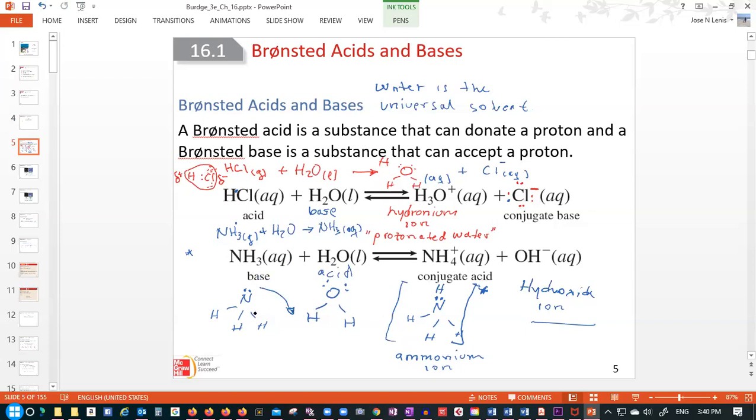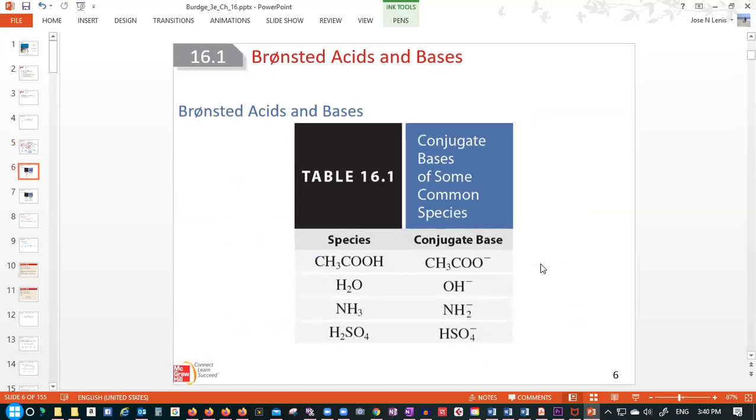This base forms a conjugate acid, and this acid forms a conjugate base. So these are common conjugate bases for different acids and bases.